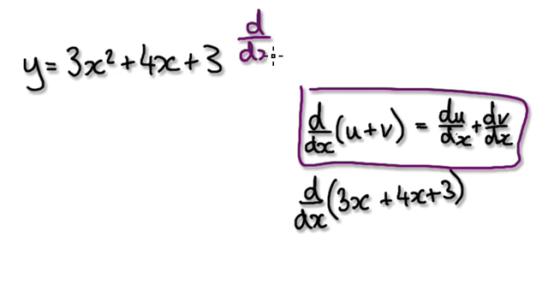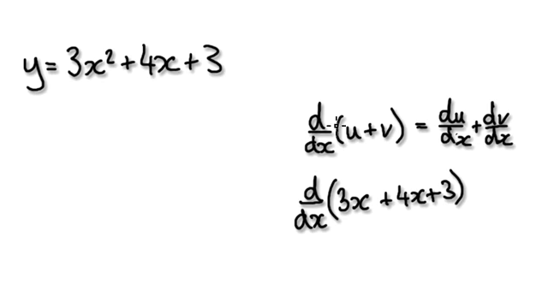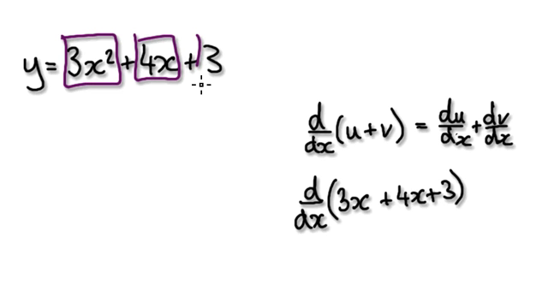For example, we could say u plus v plus w, and then that equals du by dx plus dv by dx plus dw by dx. We could extend it. So here we've got, in effect, this thing is like our w earlier. This is our u, this is our v here.